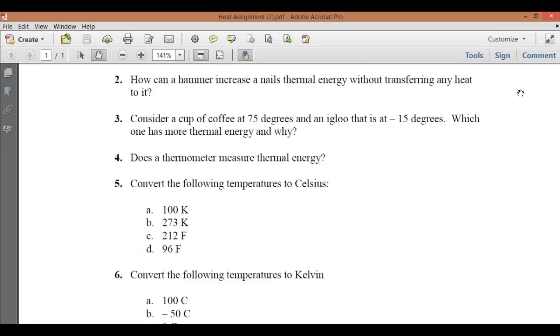Conversions. I'll write up the conversions on the board for you. So we start off with question 5A. With 100 Kelvin, we need to subtract 273.15. What value are you going to get? Is that your final answer?